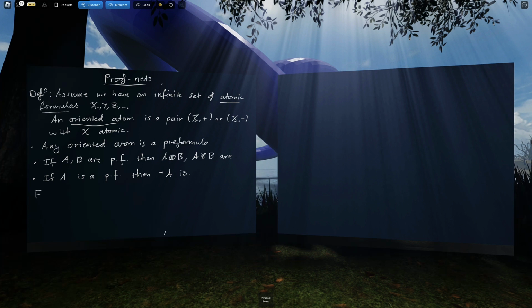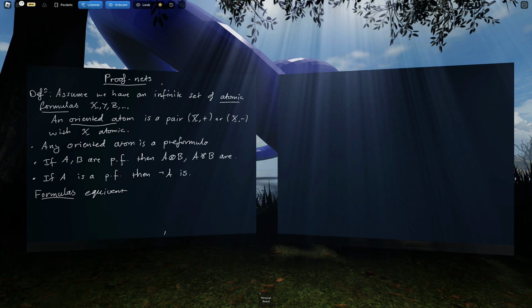Okay, and then formulas, true formulas are going to be quotient, so going to be equivalence classes of pre-formulas under just pushing negation through the compound formula.